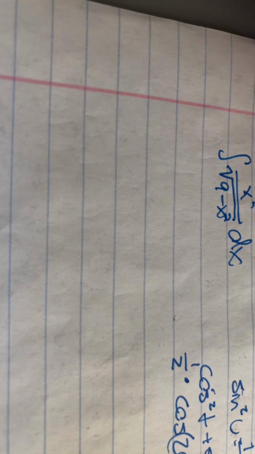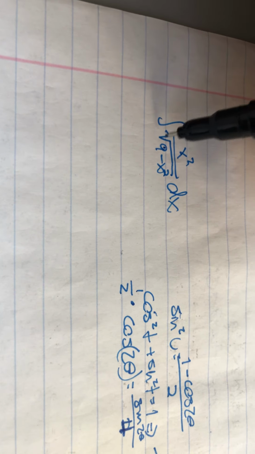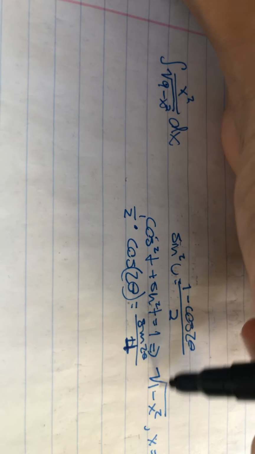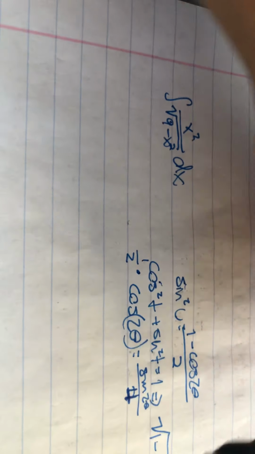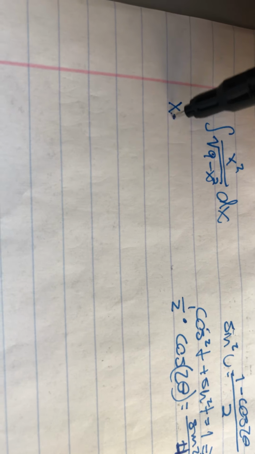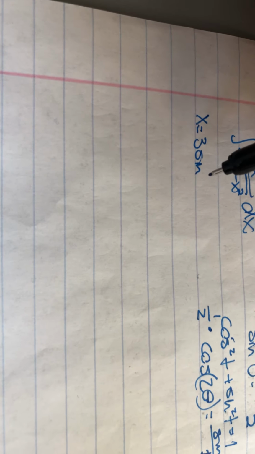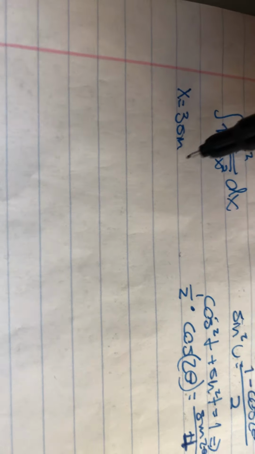So now to get started with the problem. Looking at the square root of 9 minus x squared, I immediately see that it looks a lot like the square root of 1 minus x squared. So I'm going to say that x is going to equal 3 sine of theta, I'll just call the variable theta.